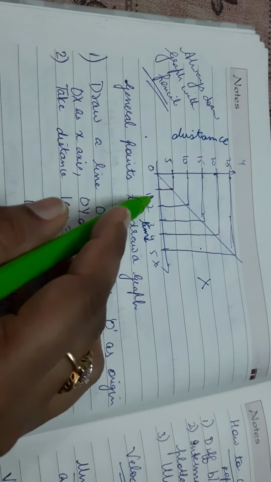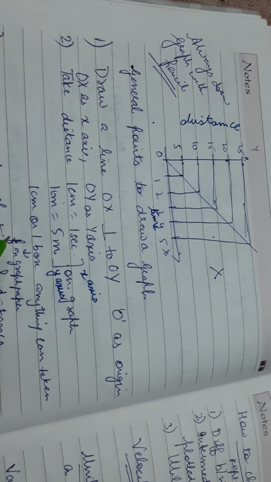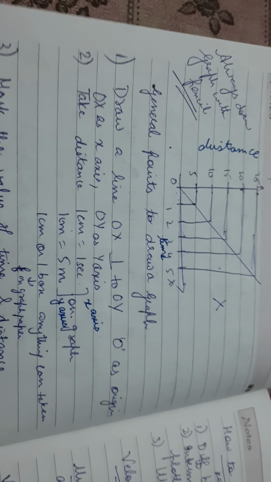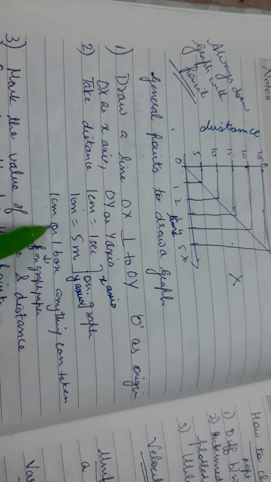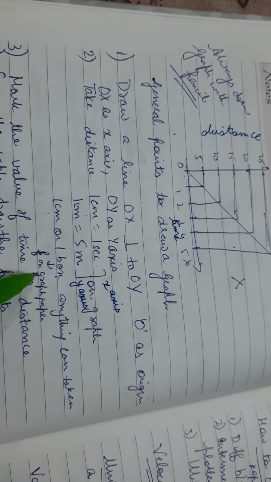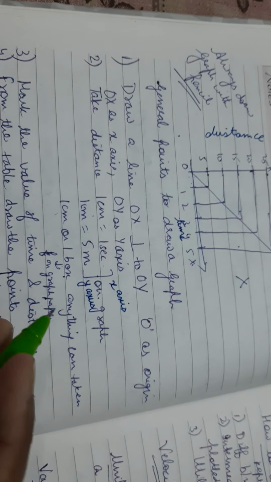Here it is 1 second, here it is 5 meters. I have drawn this on normal paper, but if we are drawing on a graph paper, then 1 centimeter can be one box. You can take anything as per your convenience.